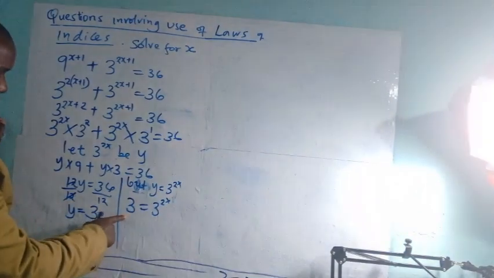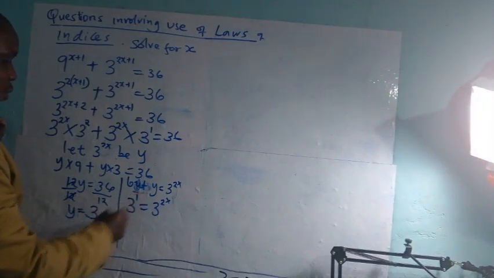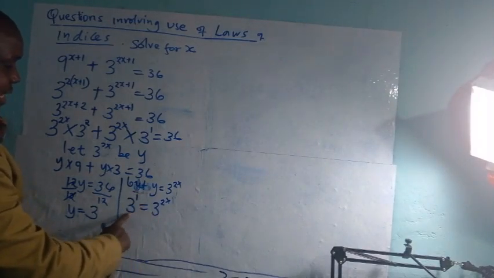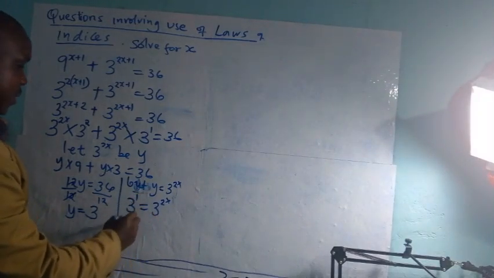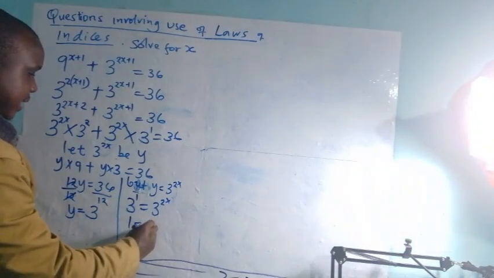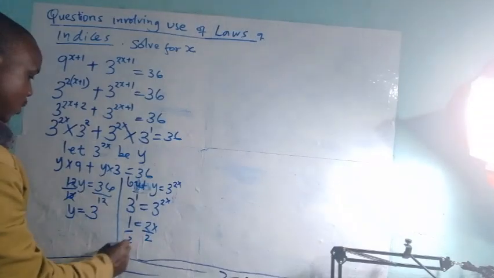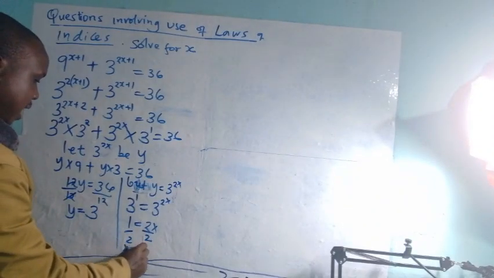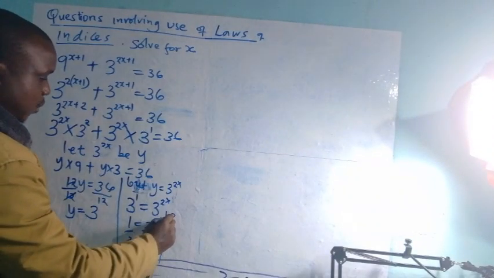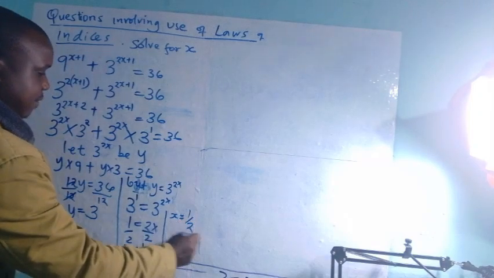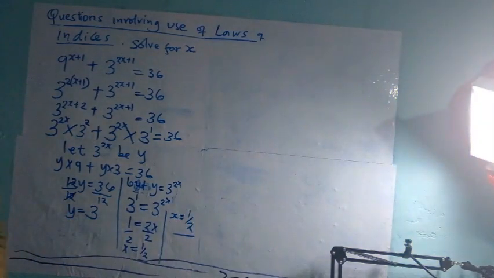Now, any number written like this is always raised to the power 1. So you can see that the bases are the same. You ignore the bases and say 1 is equal to 2x. Then you divide by 2, and the value of x is equal to a half. So that's how you handle that kind.